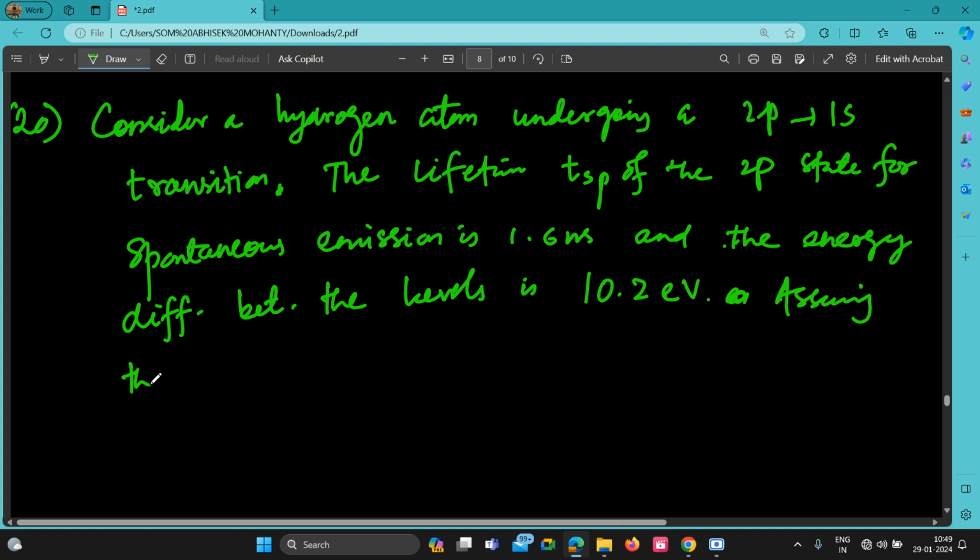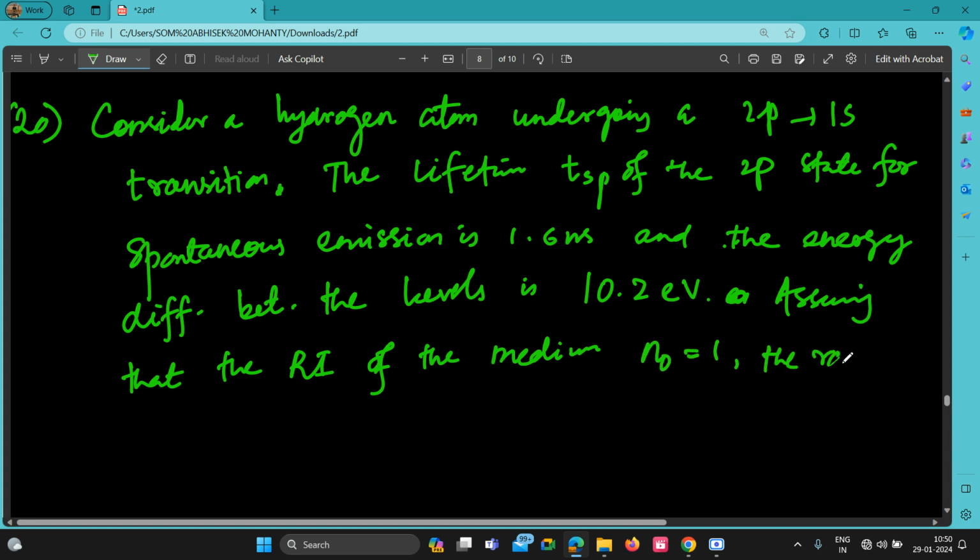Assuming that the RI of the medium, RI means refractive index of the medium, n naught is 1.